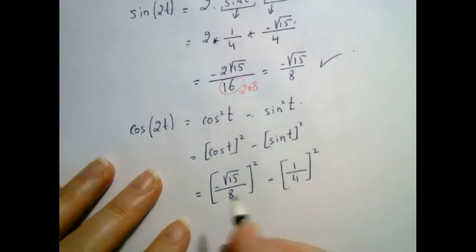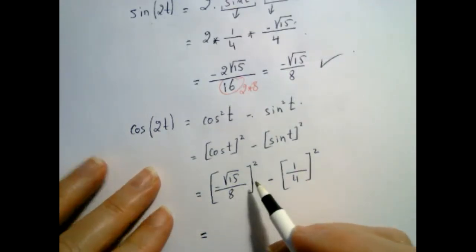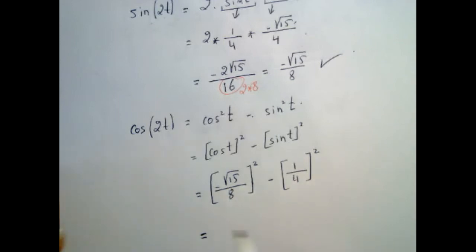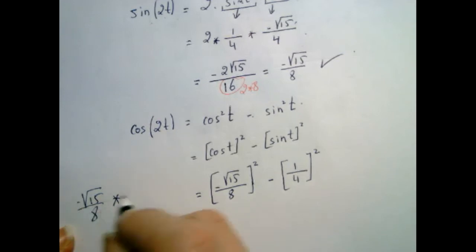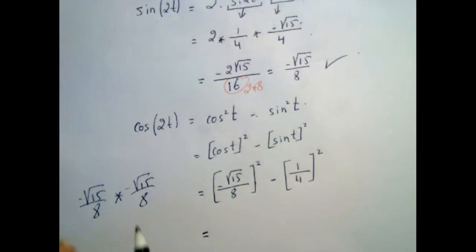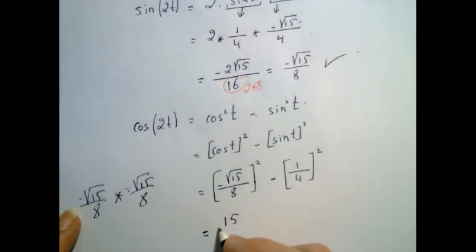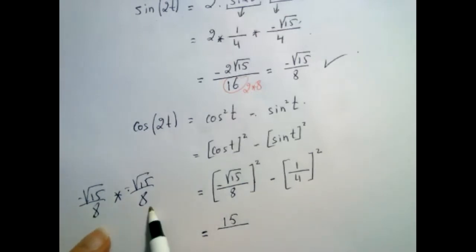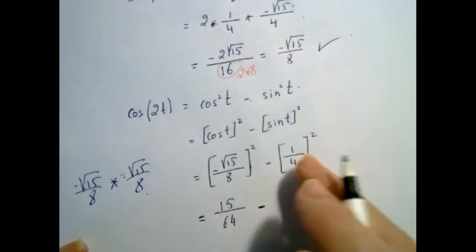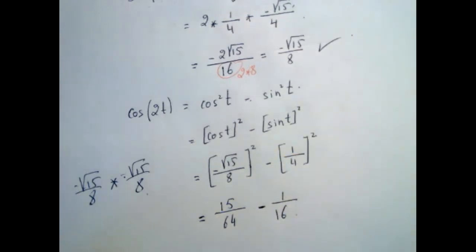Now if I multiply this by itself, it's the square root of 15 over 8 times the square root of 15 over 8. Minus minus is a plus, so I will have 15 over 8 times 8, which gives me 64. And this one would give me 1 over 4 times 1 over 4, which is 1 over 16.